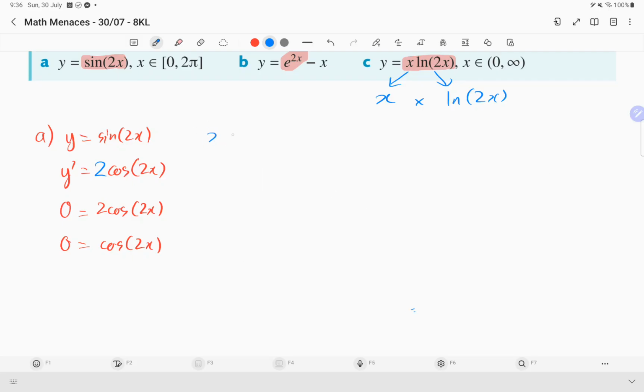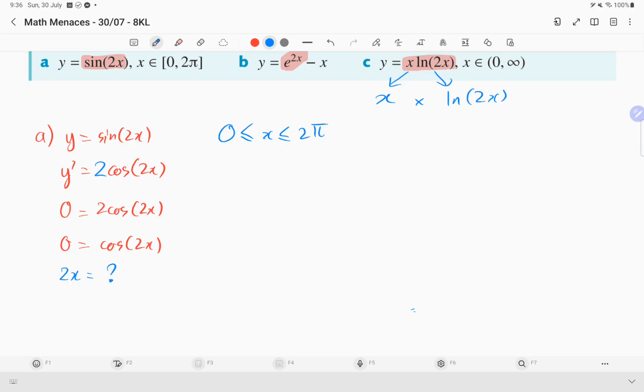When is cos 0? Yep, correct. Actually no, you divided out the 2 at the bottom. So when is cos 0? Cos is the x-axis.